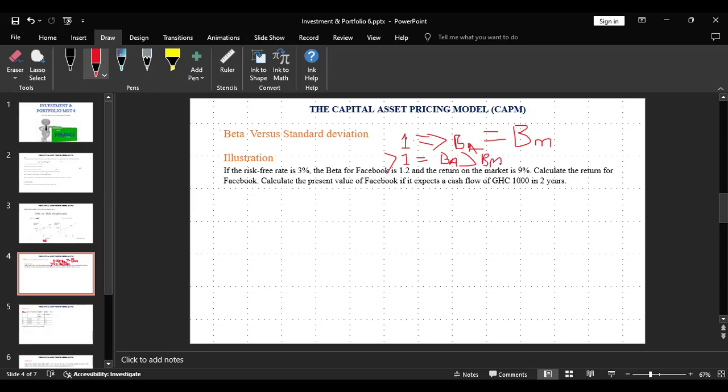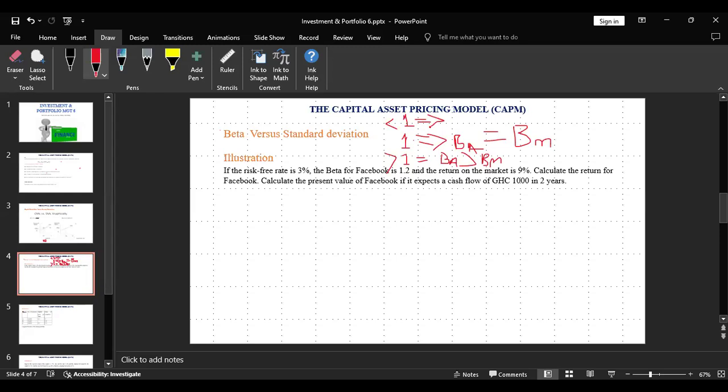But if it's less than, is it less or greater? It's greater than. Okay, so if beta is less than 1, then it implies that your investment is risk defensive.